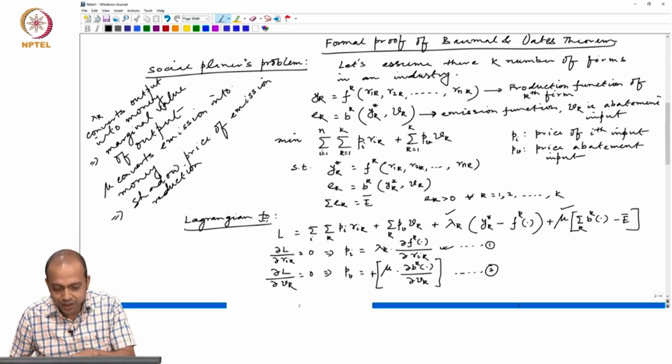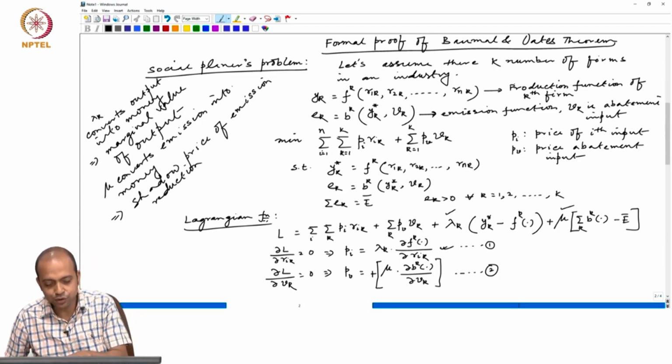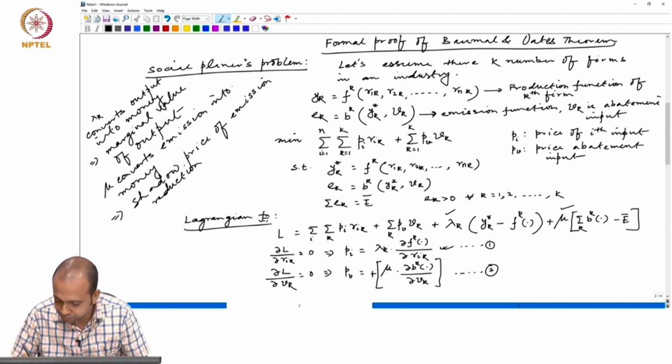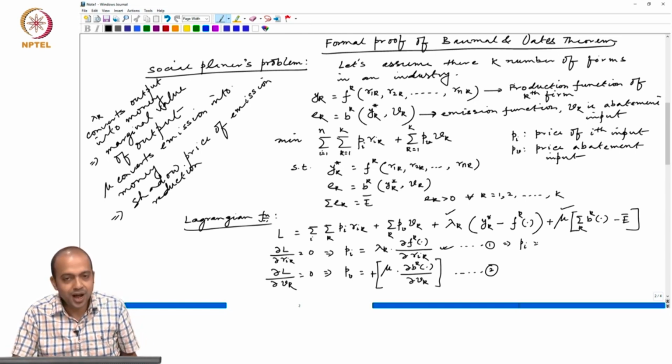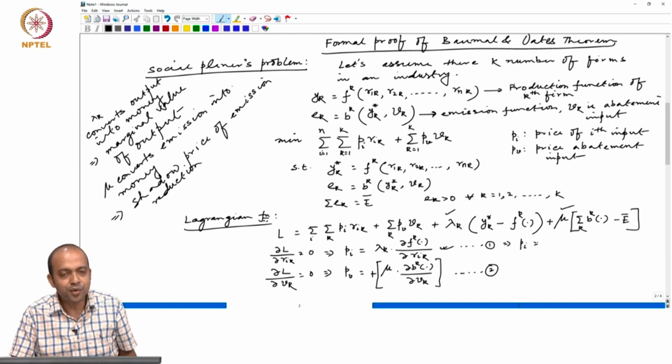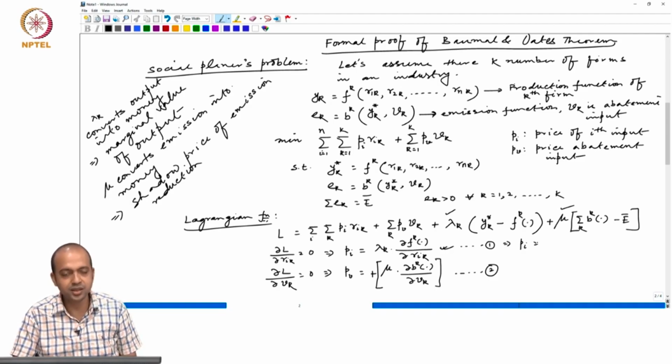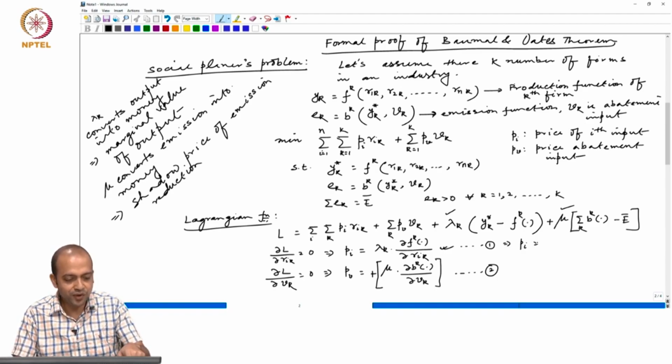Now, if you look at the first condition, Pi equals lambda k into del Fk del Rk. So, this condition says, what is del Fk del Rk? This is nothing but the marginal product of the ith input, and we are multiplying it with the marginal value of output.